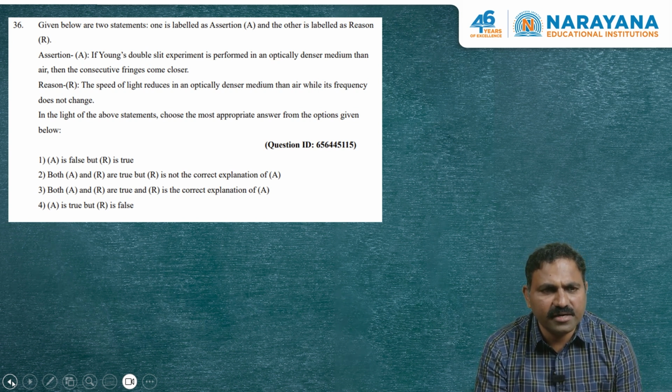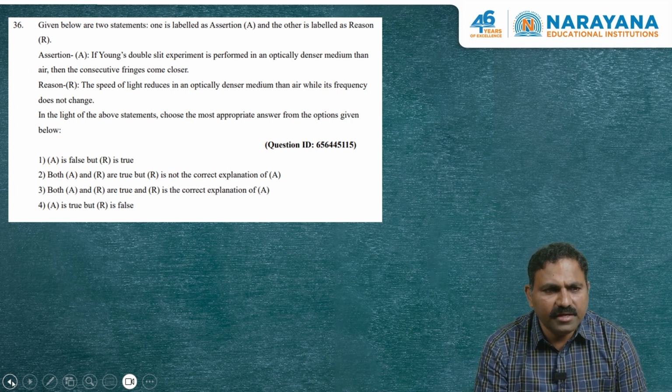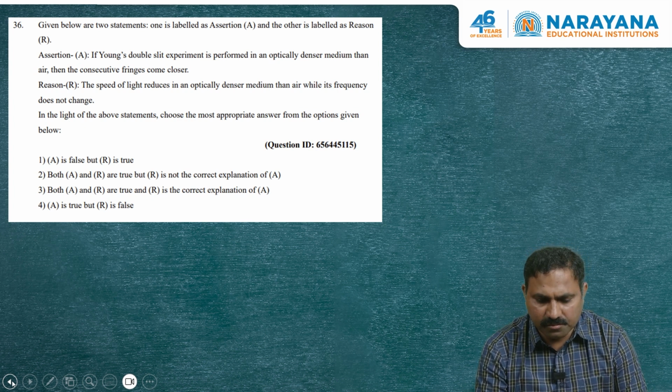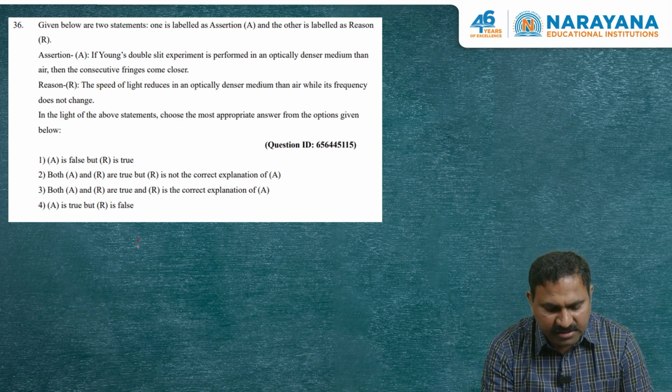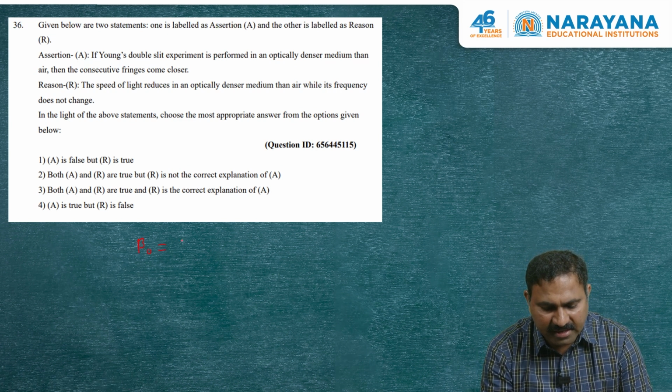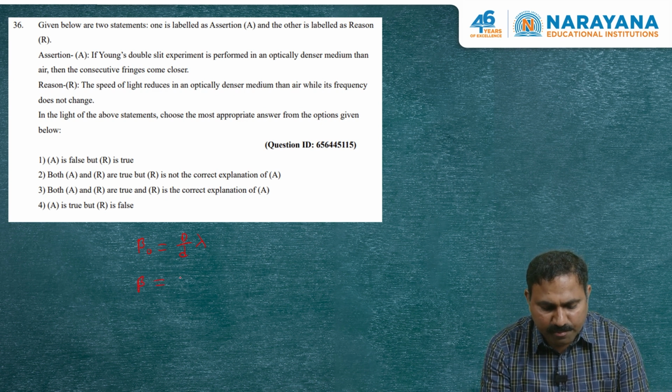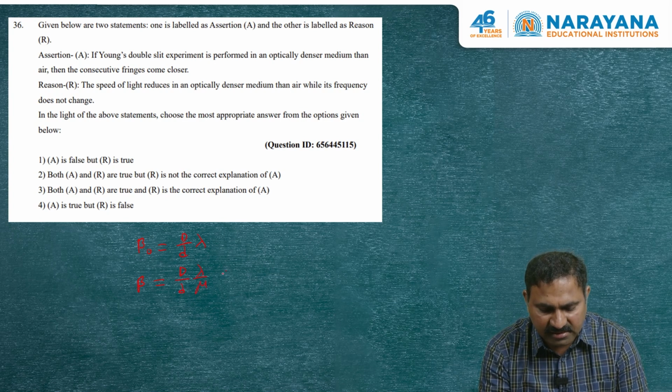Here the first statement is that in YDSE, in an optically denser medium, consecutive fringes come closer. We know that the fringe width in normal YDSE is beta naught equals D by d into lambda. Similarly, if it is kept in a medium of refractive index mu, it will be D by d into lambda by mu. It is clear this is less than beta naught.